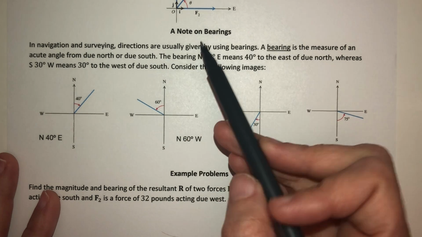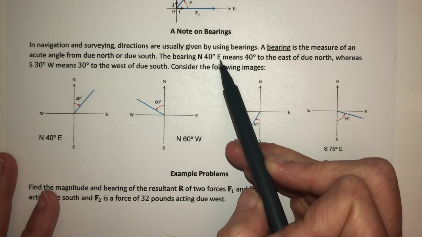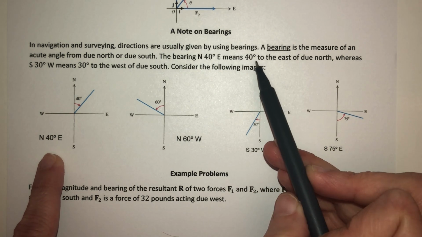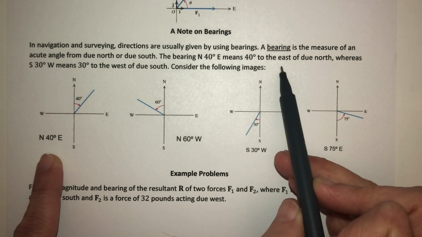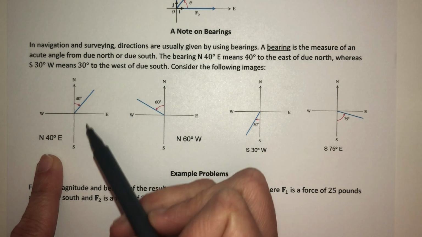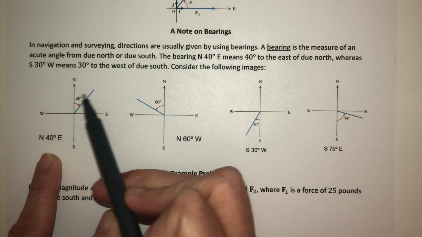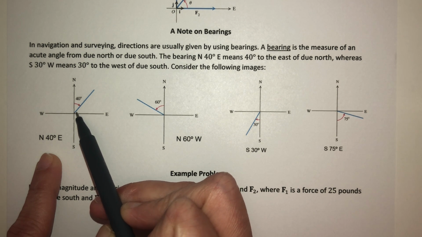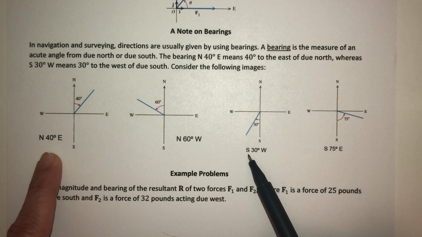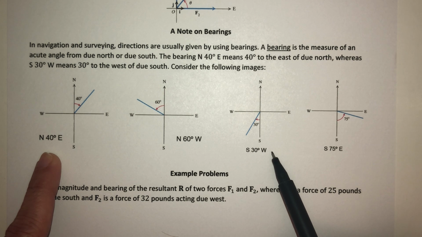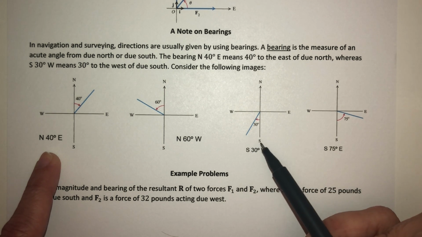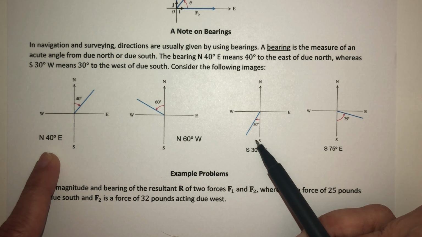The bearing north 40 degrees east means that we are 40 degrees to the east of due north. So due north, 40 degrees to the east of that would be right here. South 30 degrees west is 30 degrees on the west side of due south.